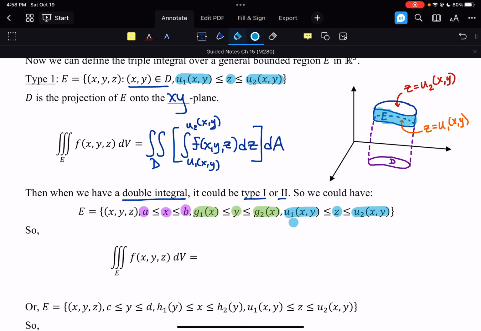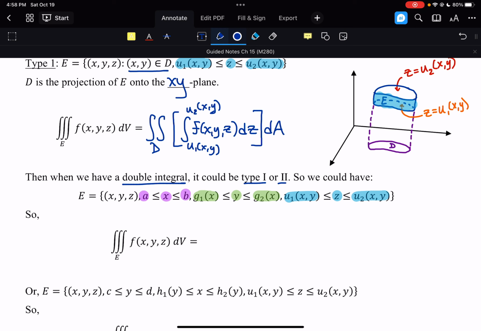So this portion is the 3D part. This is the double integral. Okay, and this is basically telling us that we're integrating vertically because y, right, goes up and down between 2 functions of x, and then x sets the edges as the constants.